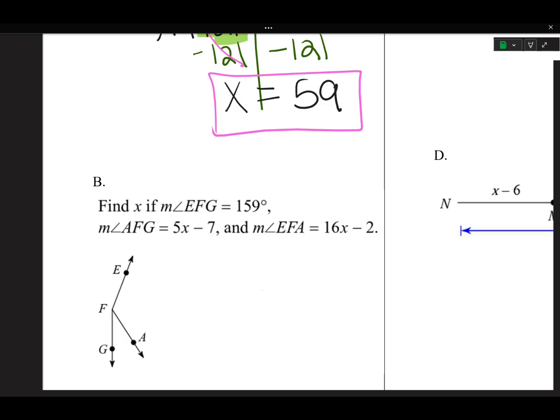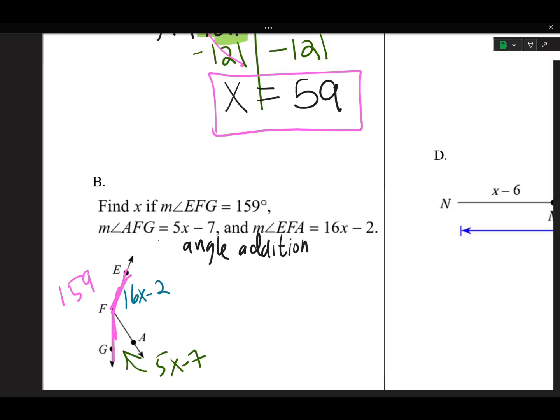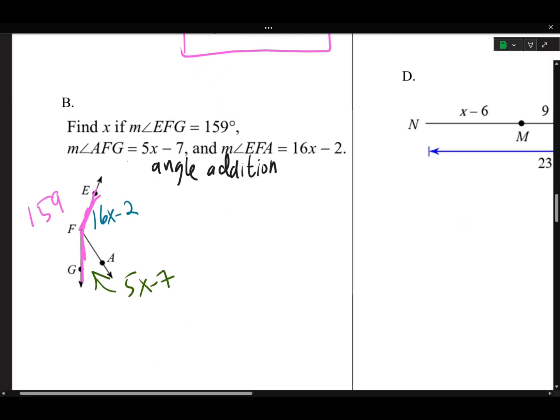Find x if EFG is 159. AFG, this angle here, is 5x minus 7, and EFA is 16x minus 2. Well, this is our angle addition. We have two angles that form a bigger angle.